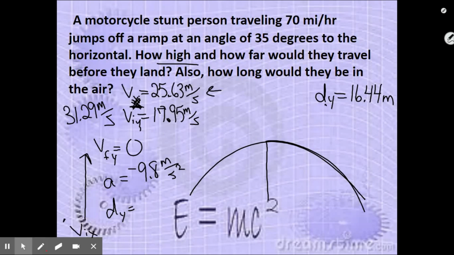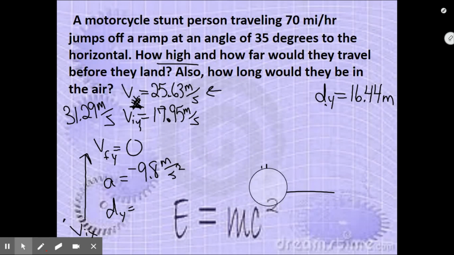And the time is not going to be different for how long it takes it to get to here and here compared to here versus here. Because the time is what connects the x and the y directions. So we can find the time to the top and then the total time in the y, and then use that time for the x. So we've got all kinds of y information.